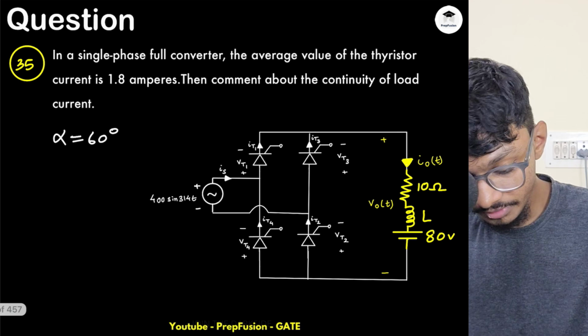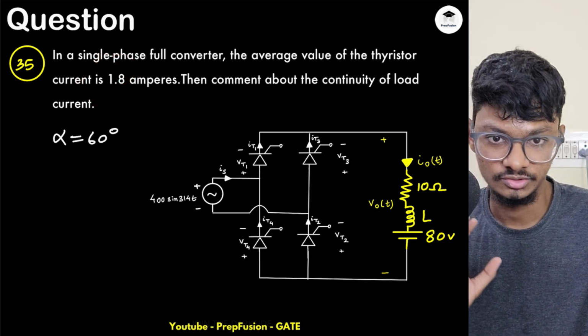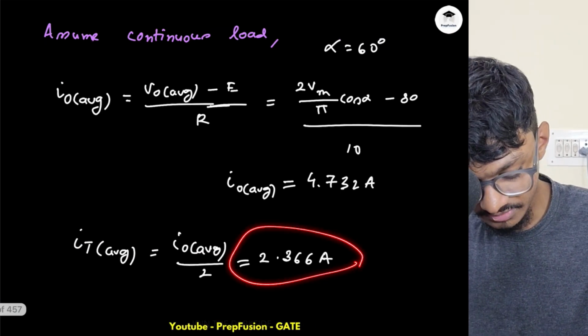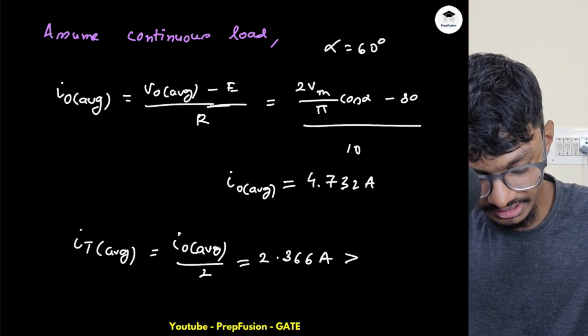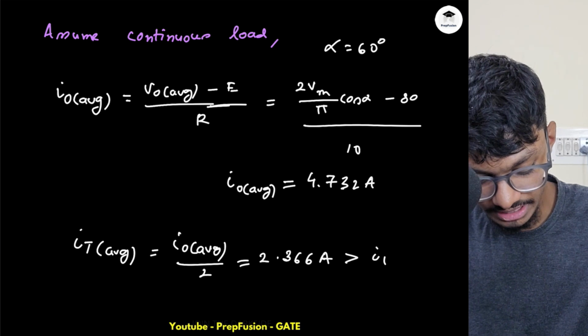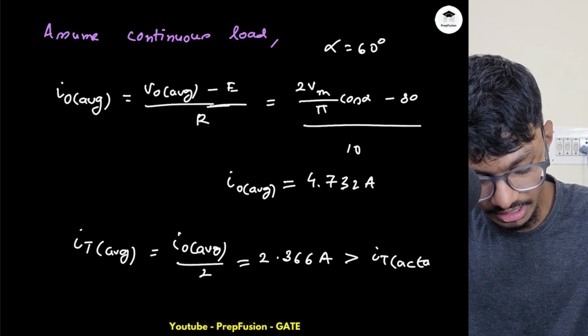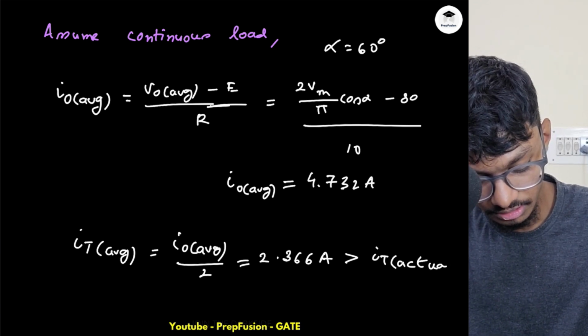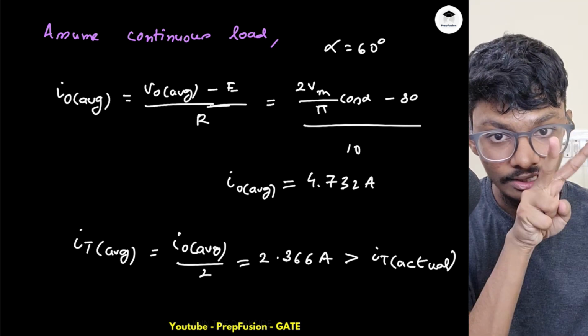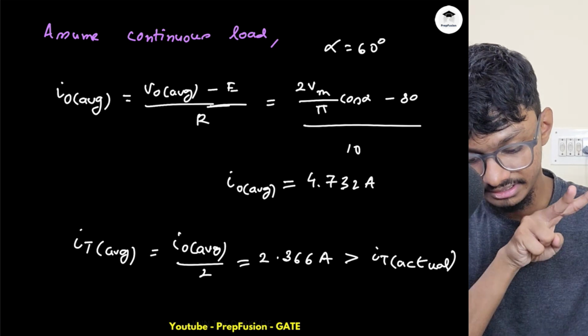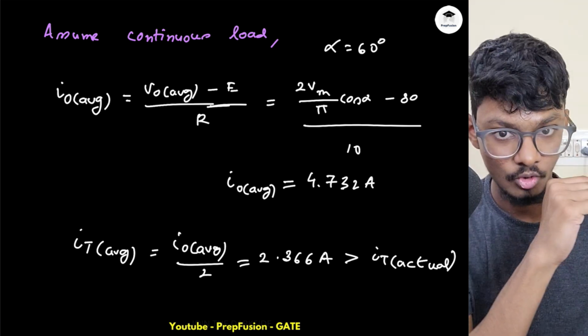Now what have they told me? They have told me I am getting 1.8 amperes of current. So with my assumption, this IT average with continuous conduction is greater than my IT average actual. How can my average value be lowered? If the area over the omega t axis is less.